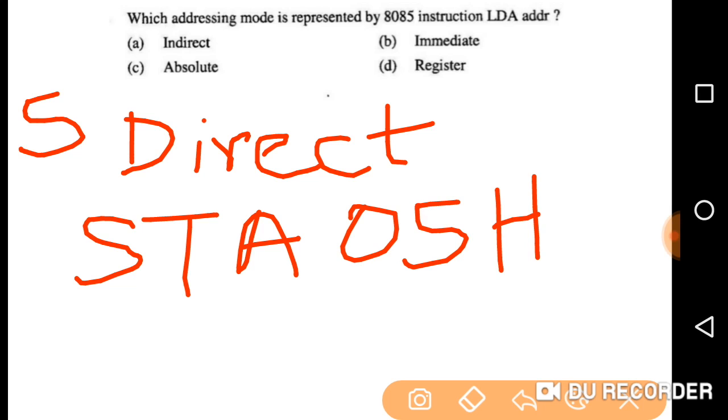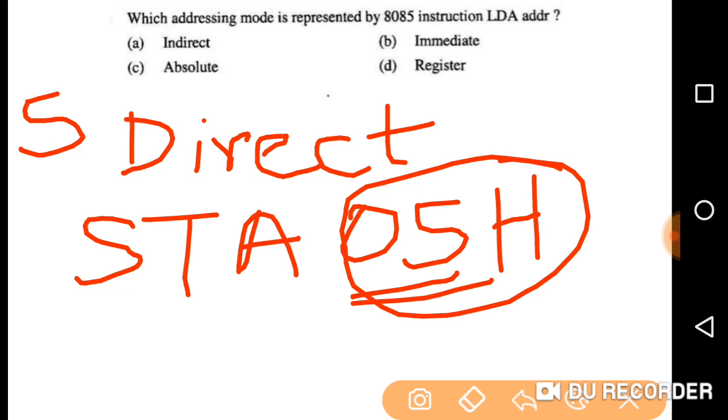It means store the content of the accumulator at the memory location 05H. Okay, a particular memory location will be given. From that memory location the processor will copy the data to the accumulator. This is the example of direct addressing mode.